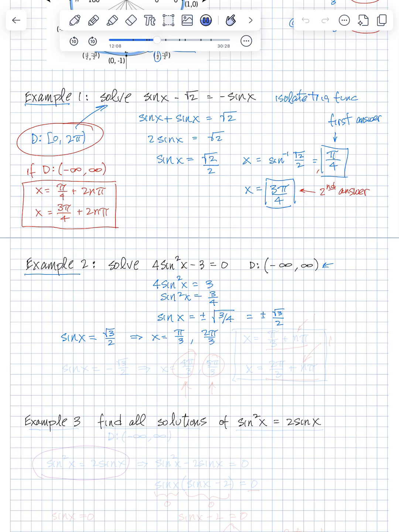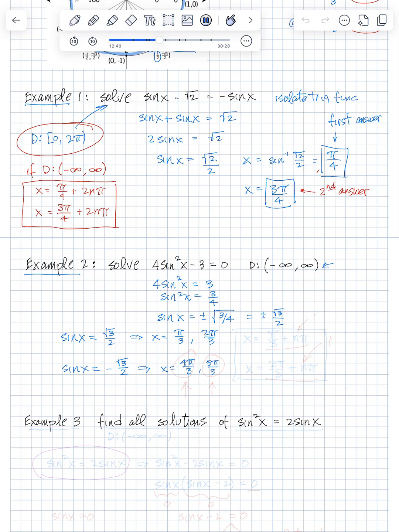So now take a look at the negative. Sine x equals a negative square root of 3 over 2. And that gives values of x equal to 4 pi over 3, and the other answer is 5 pi over 3.